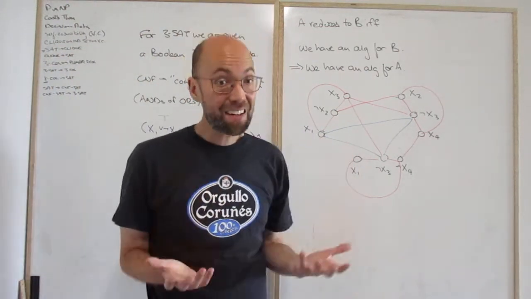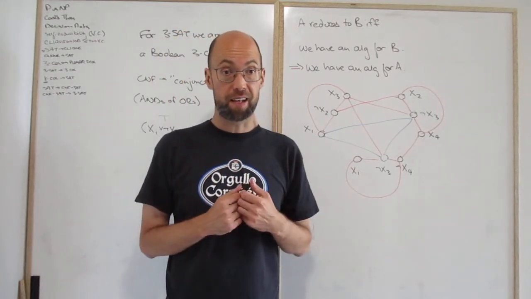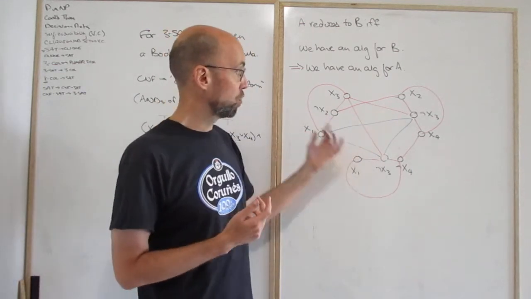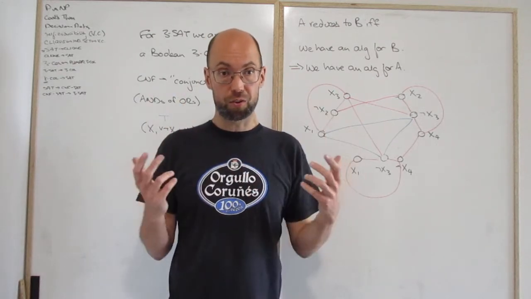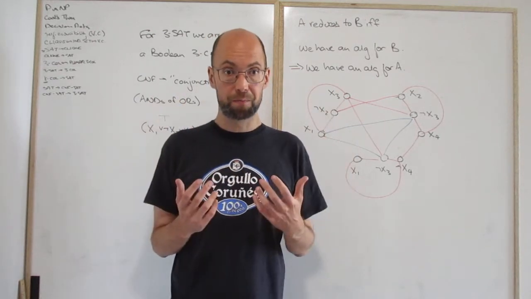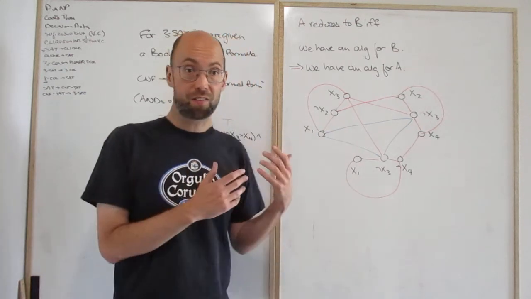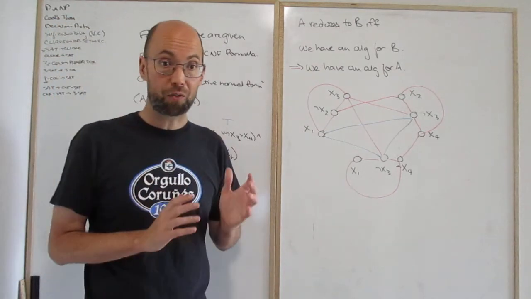If I can't find an independent set of size k, then it means there's no way to choose a literal from each clause such that they're all true and they're all compatible. They can all be true at the same time, which means that my Boolean formula is not satisfiable.